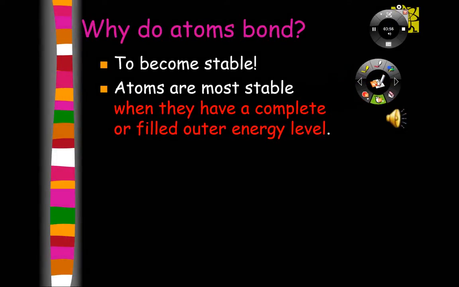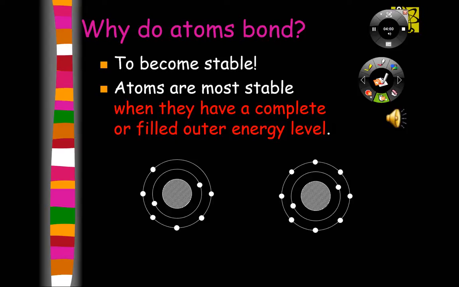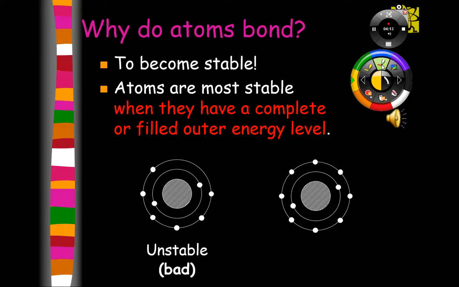Why do they want to bond at all? They want to bond to become stable. They want to bond so that the outermost energy level is full of electrons. In this first example here, this is not full. It's got some gaps here on the outside. This one here, as you can see, there are no gaps to fill.